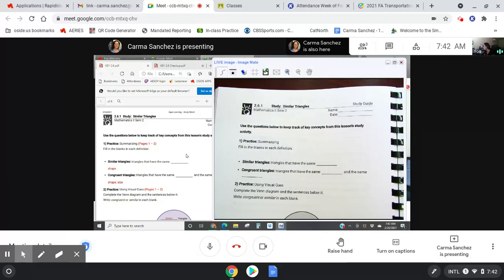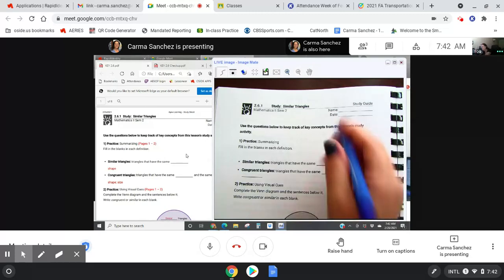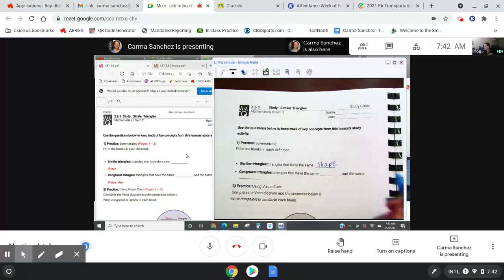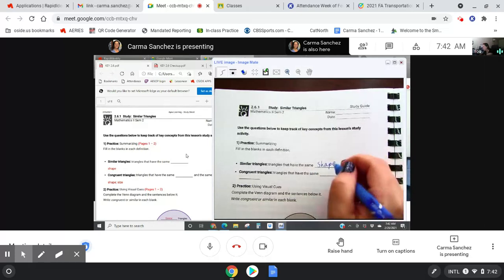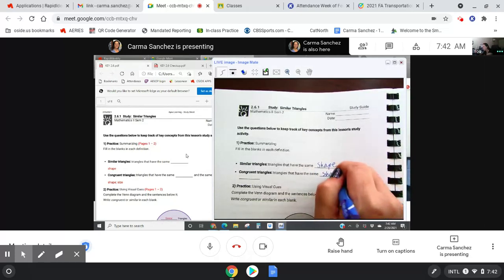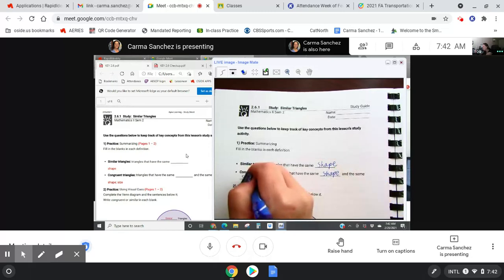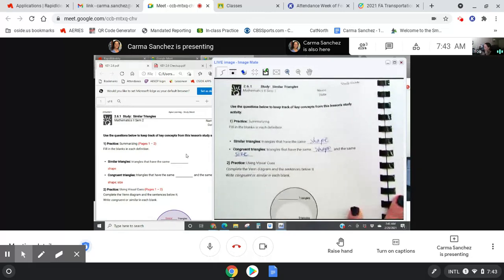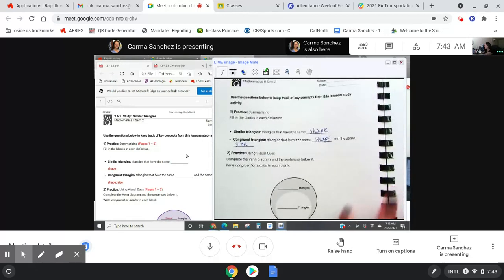Okay, so similar triangles are triangles that have the same shape. Congruent triangles have the same shape and size. So completing the Venn diagram here and the sentences below, write congruent or similar in each blank.